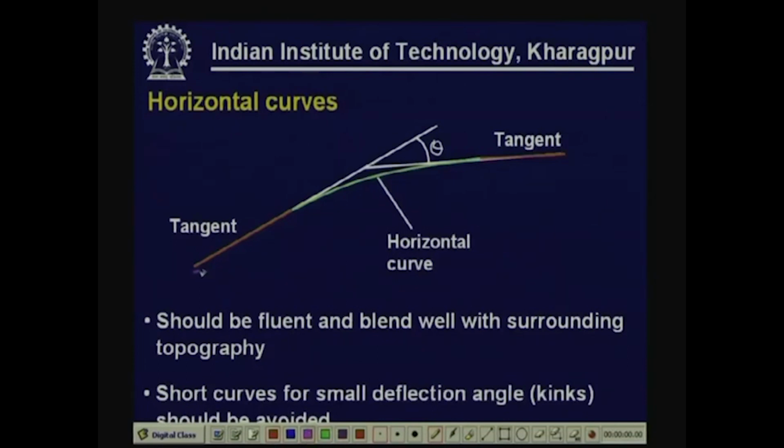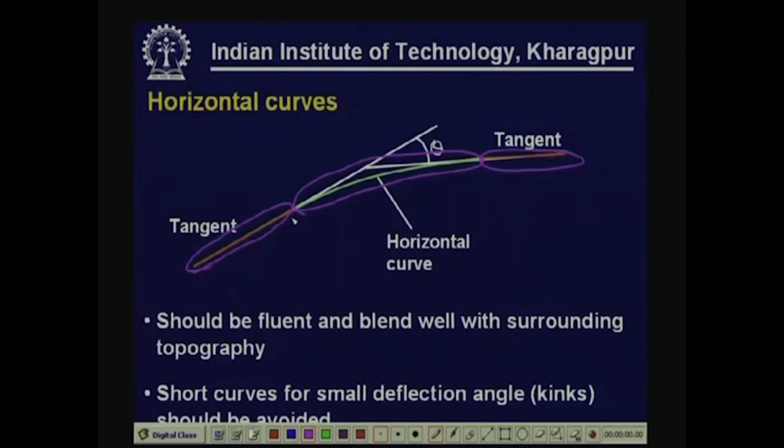This is the tangent portion of the road, this is also another tangent, and in between a horizontal curve is inserted, which is shown as green lines. So, this is the horizontal curve. So, we have tangent at both ends and in between a horizontal curve is inserted.